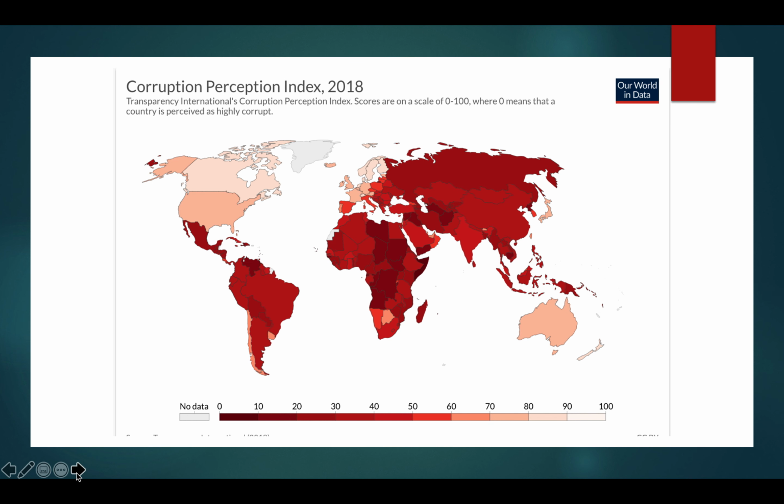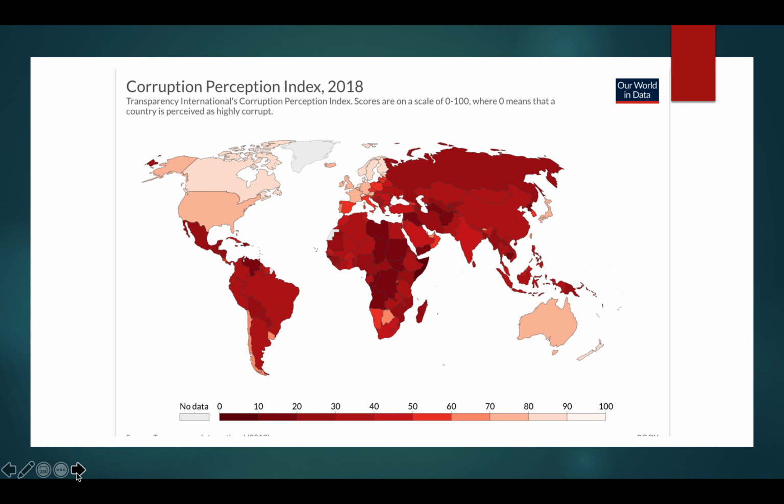The second example is that of the corruption that persists all over the world. This is another example of a small scale map where a large area is shown but with very little detail.